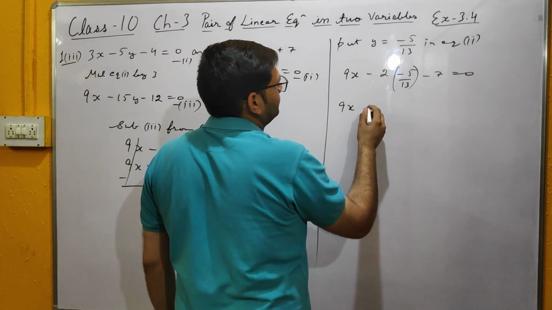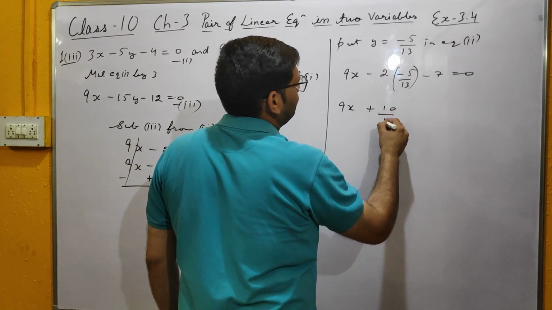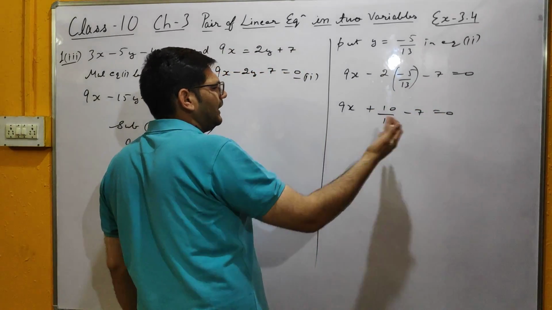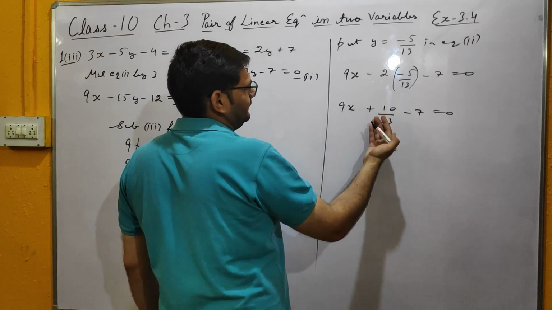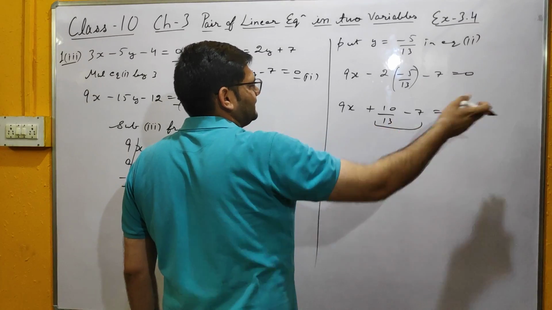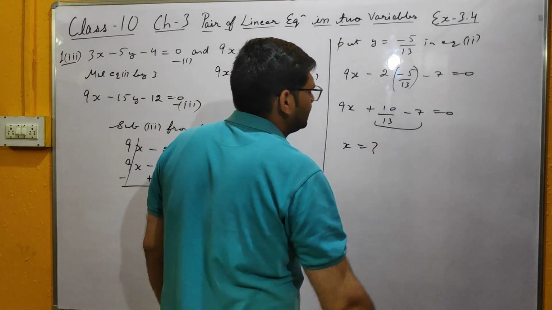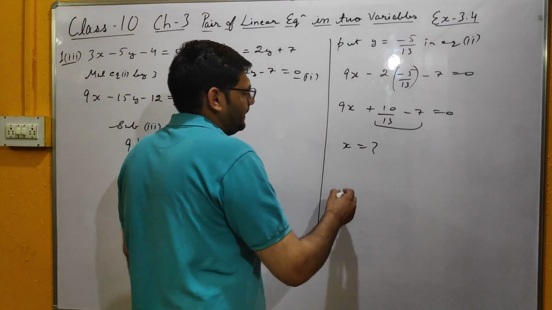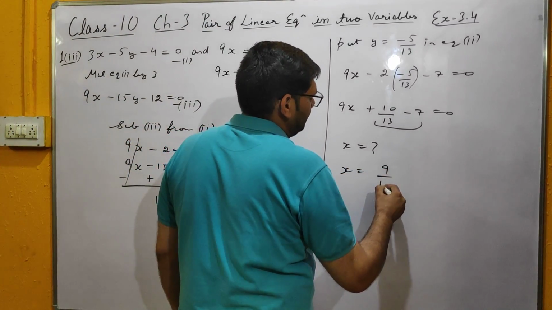So 9x minus minus, plus 10 by 13 minus 7 equals 0. And in this way, my dear students, take this part, solve it, take the LCM, take it towards the right side and find the value of x also. So in this way, the third part will be finished. I hope you might have solved it and the value of x will be 9 by 13.